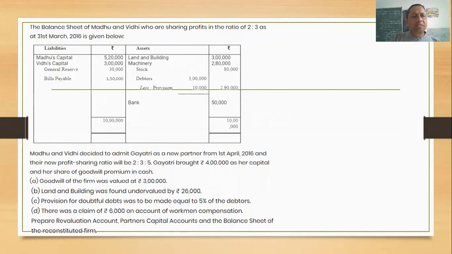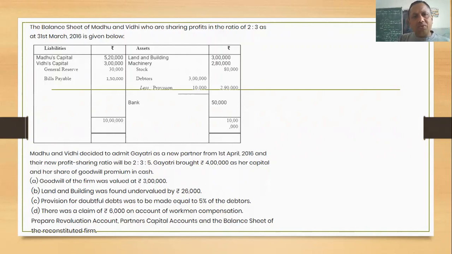The next point is that provision for doubtful debt was to be made equal to 5% on debtors. In this question, debtors are given as 3 lakh and the provision is at the rate of 5%. 5% of 3 lakh is equal to 15,000. Earlier we made a provision of 10,000, but the total provision we require is 15,000.